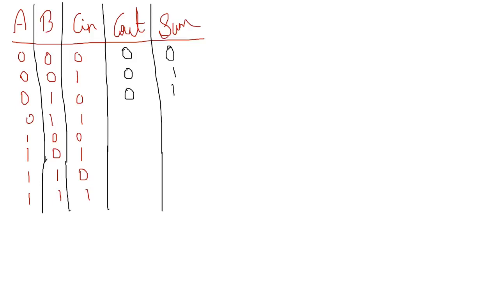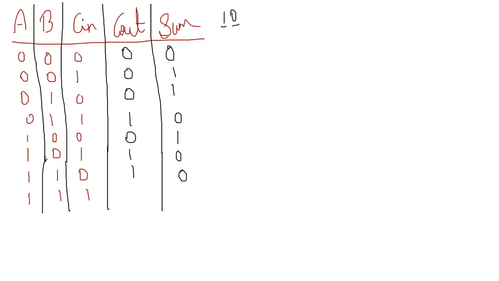As I said in half adder, carry out will be 1 and sum will be 0, because the binary representation of 2 is 1 0, so 1 is given as carry and 0 is written in sum. And for 1, 0, 0, sum is 1, carry out is 0. For 1, 0, 1, 1 plus 1 is 2, so carry out is 1 and sum is 0. 1, 1, 0 is also the same: carry out 1, sum 0.